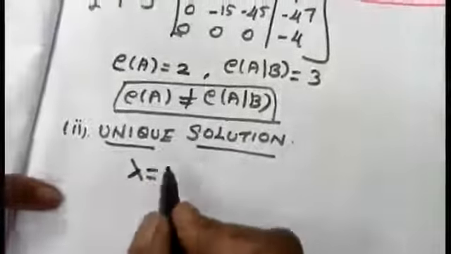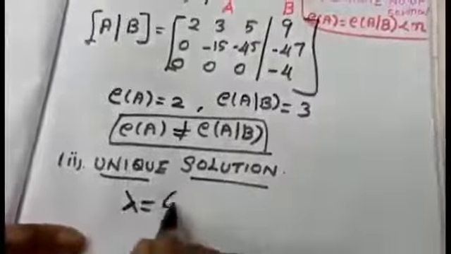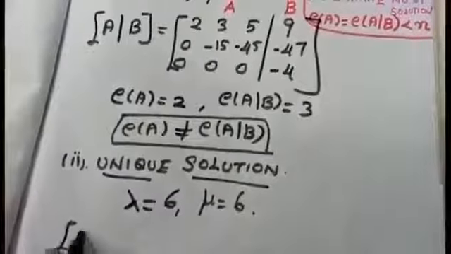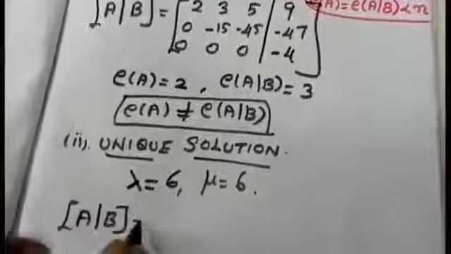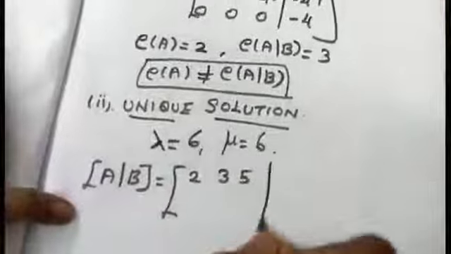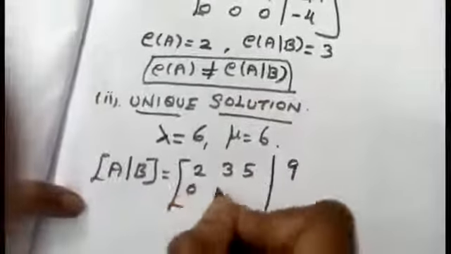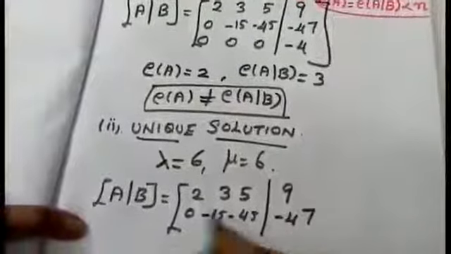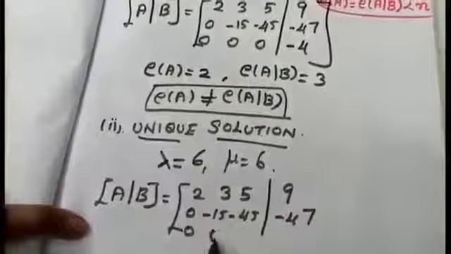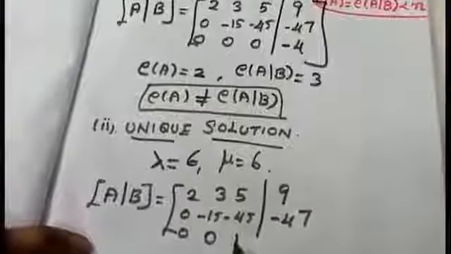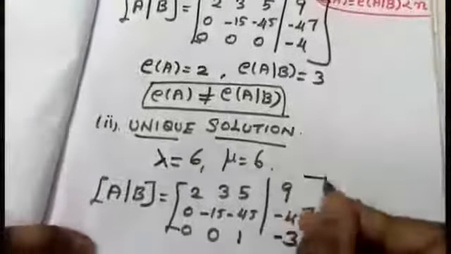So what I am going to do is, I am going to give the value for lambda 6 and nu 6. You will be getting the value as rank AB equal to 2, 3, 5, 9, 0, minus 15, minus 45, minus 47, 0, 0, 1 and you will get the value as minus 3.